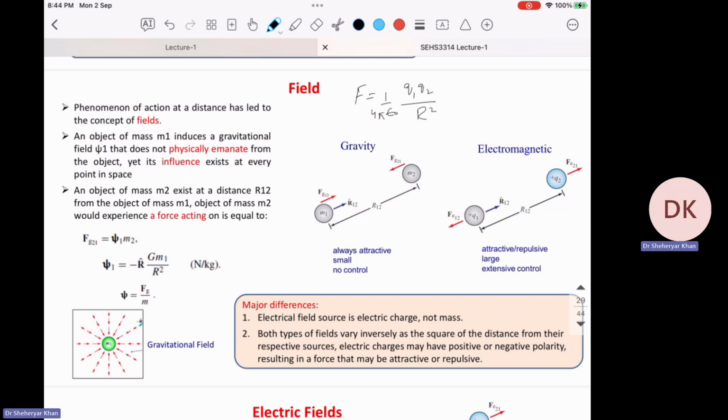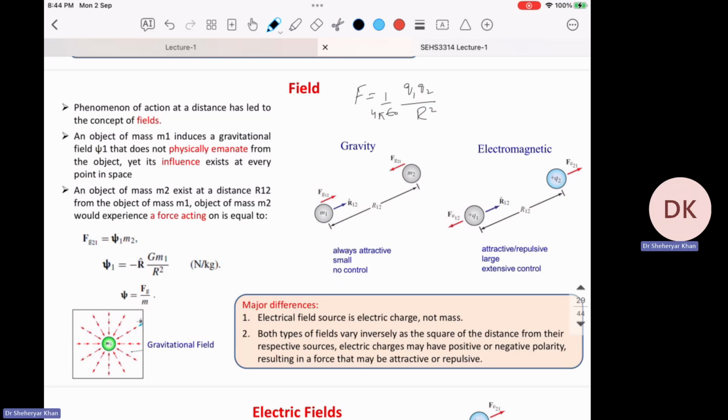That's the Coulomb force. But actually now we are trying to find out what the electric field looks like. Field: we already know that any region or space where we can feel the effect of certain quantities is called a field, right? Let's say if you have an electric charge, you place another charge and then it can feel some force.